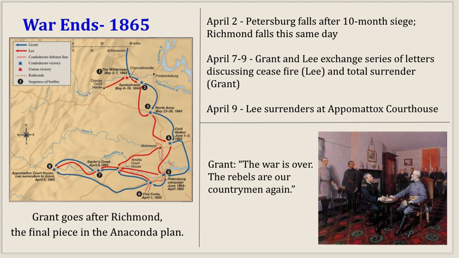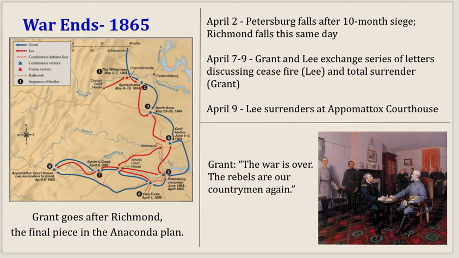Meanwhile, as Sherman's march to the sea is taking place, Grant is going after Richmond, the final piece in that Anaconda Plan, right? Remember by this time, the blockade is in place, the Mississippi River has fallen, and the last piece is to capture the capital of Richmond.